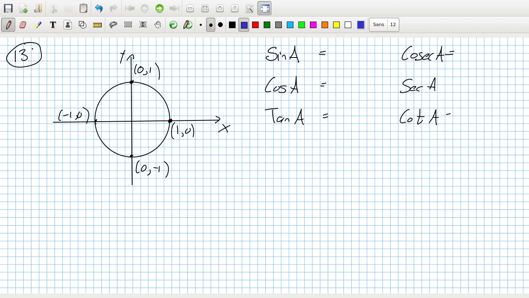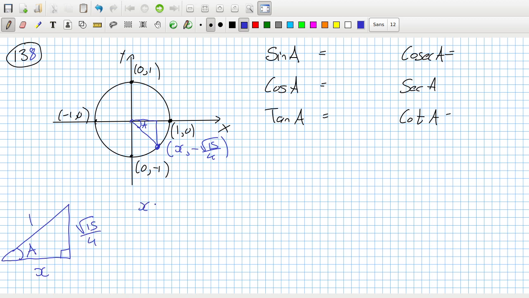Okay. 138. X is positive, and that's a negative. So that is x positive, minus root 15 over 4. That's A. That's x. The length is root 15 over 4.